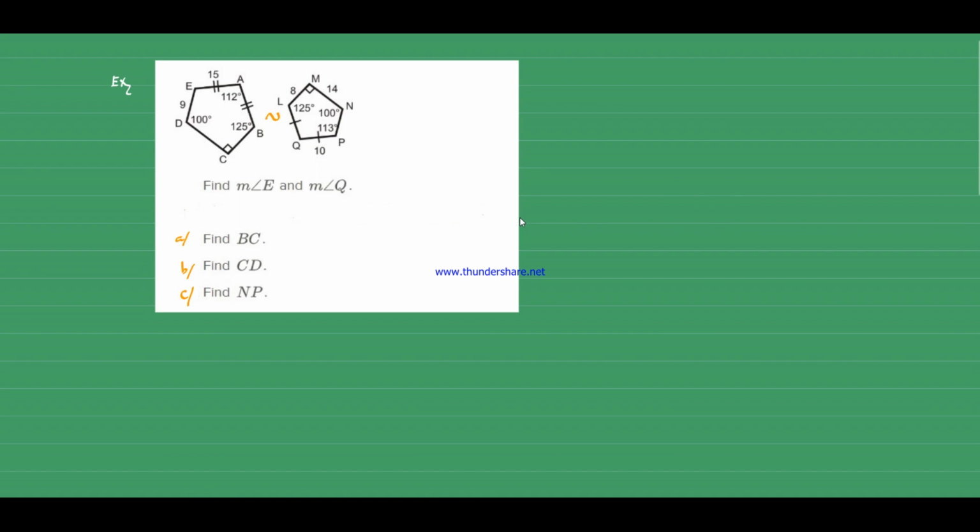So first of all we need to look and see which sides correspond to each other. So it looks like we have 15 over here, and this one equal to that. So this is 118. It looks like EA over here corresponds to this.